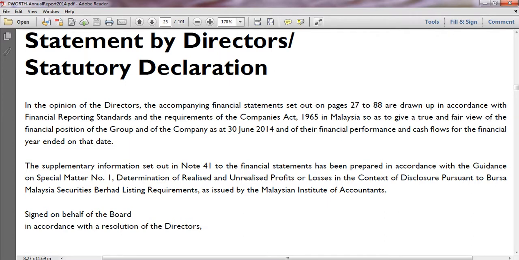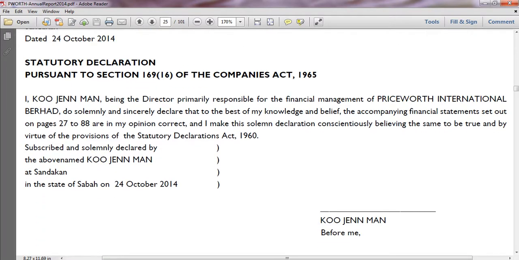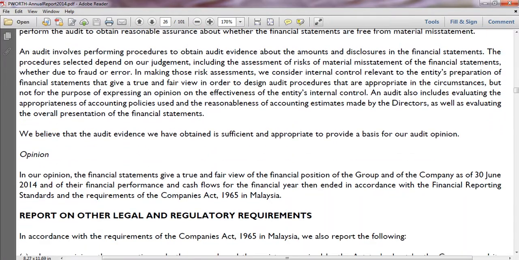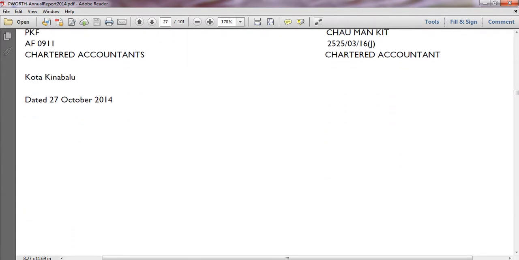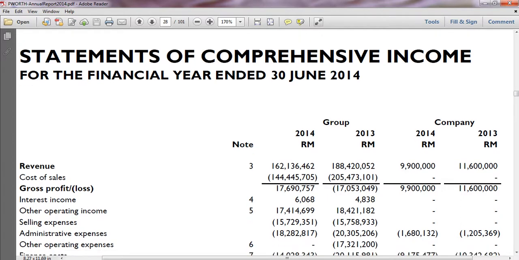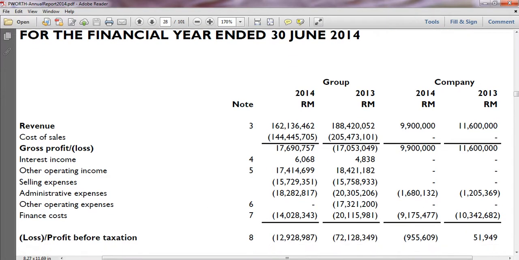I do a simple record of the financial statement so that we can have a better view. So here comes the income statement. You can see we have so much, so just the income statement is more than enough already.